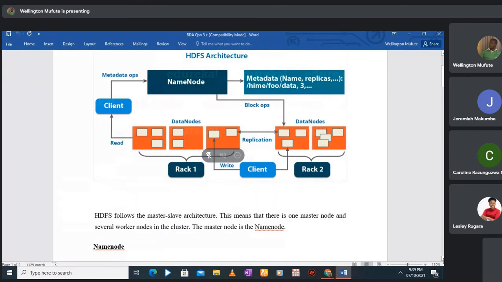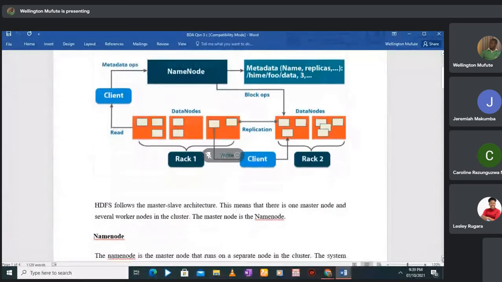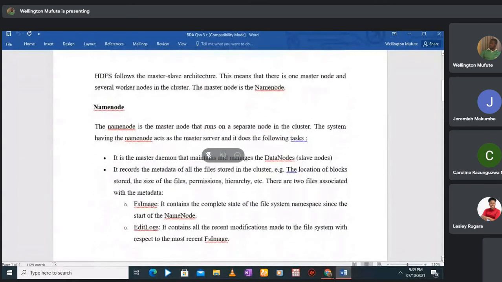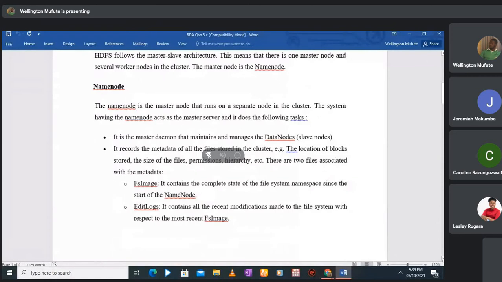The system having the name node acts as the master server, and it performs quite a number of tasks, which are maintaining and managing the data nodes or the slave nodes, if you can call them that. It also records the metadata of the files stored in the clusters. For example, the location of the blocks stored, the size of the files, the permissions, the hierarchy, etc.